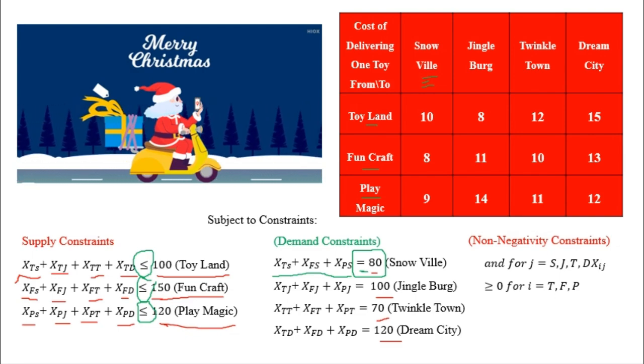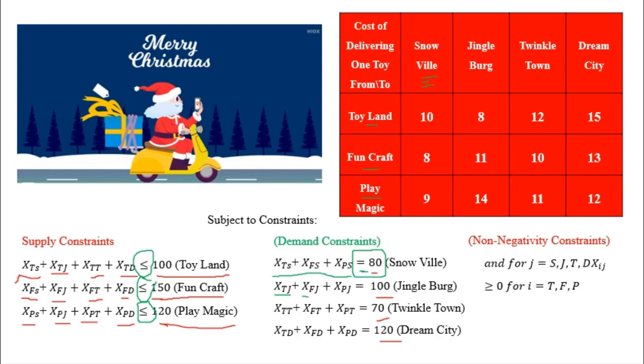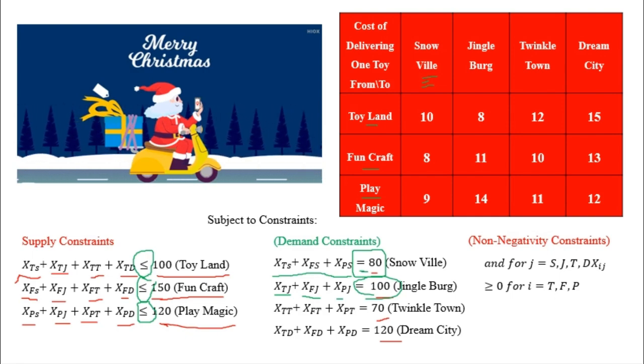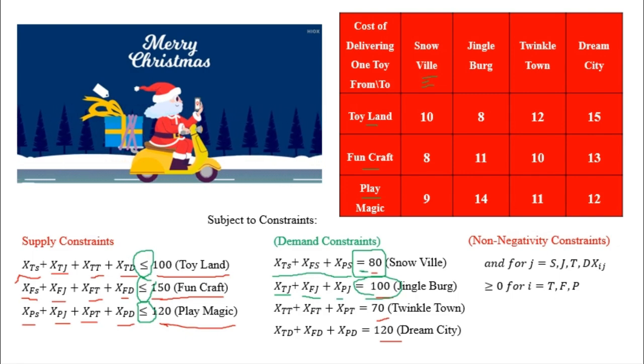Again, for the second city, Jingleberg, the quantities of toys going from the first workshop, Toyland, to Jingleberg is XTJ, plus quantities of toys going from Funcraft to Jingleberg is XFJ, plus quantities of toys going from Play Magic to Jingleberg should meet its demand, that is equal to 100. Again, there is the third city, Twinkletown. What are the options to get the supply of toys in order to meet its demand?